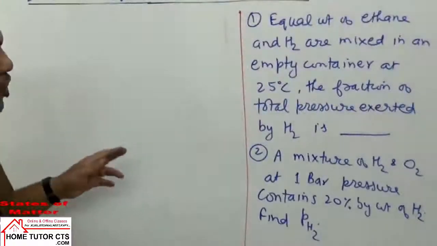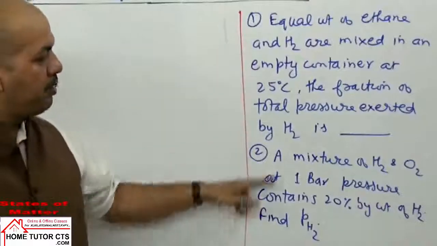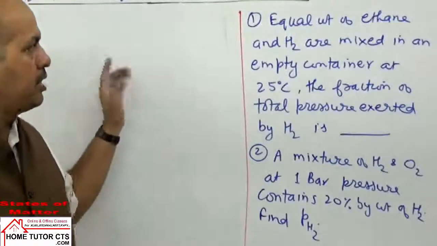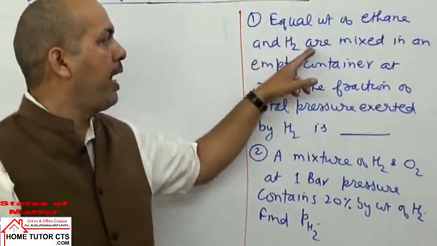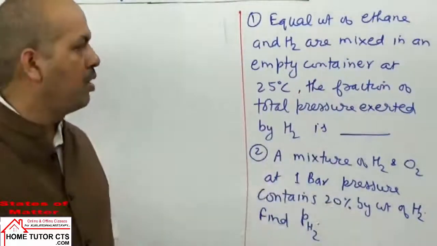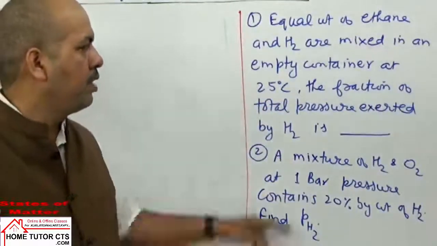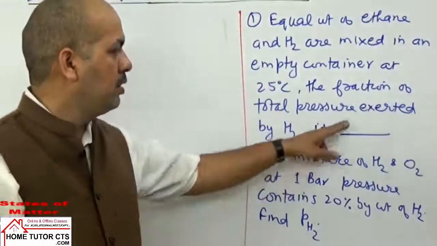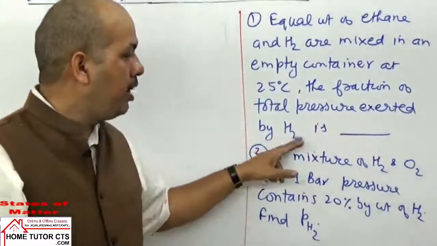Now let us take some questions on Dalton's law of partial pressure. You have two questions given here. Write both the questions and try to answer both. Then we'll discuss. First question: equal weight of ethane and hydrogen are mixed in an empty container at 25 degrees Celsius. Then the fraction of total pressure exerted by hydrogen is?